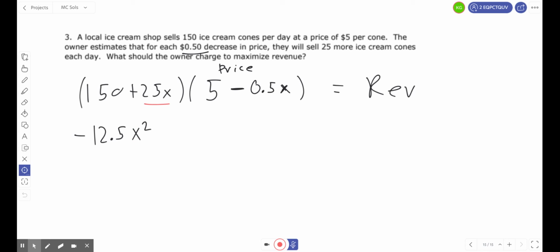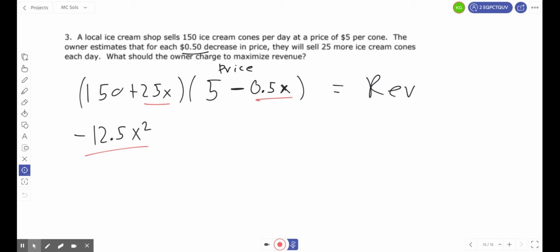So that's these two multiplied together. I just started with the terms that had x because they go first. X squared goes first. It's the highest order or highest degree term.